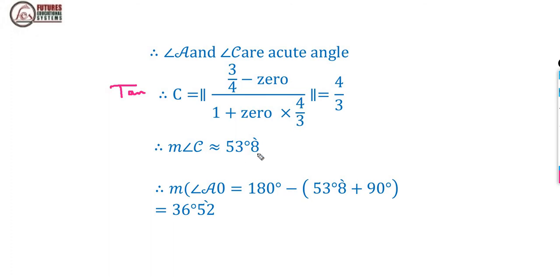The result is approximately 53 degrees and 8 minutes. The measure of angle A equals 180 minus the sum of the measures of angle C and angle B. The measure of angle B is 90, and the measure of angle C is 53 degrees and 8 minutes. Therefore, the measure of angle A equals 36 degrees and 52 minutes.